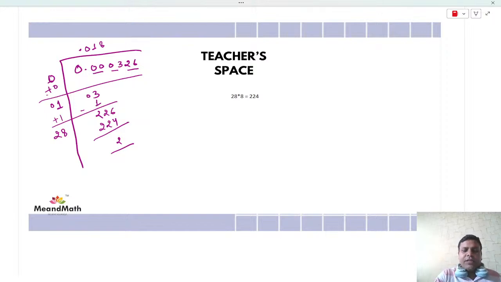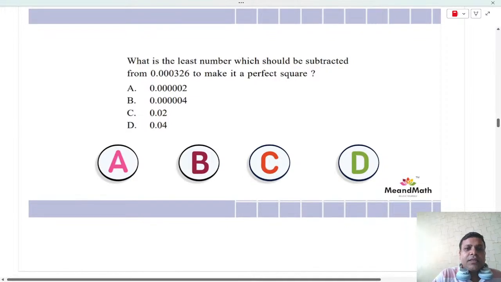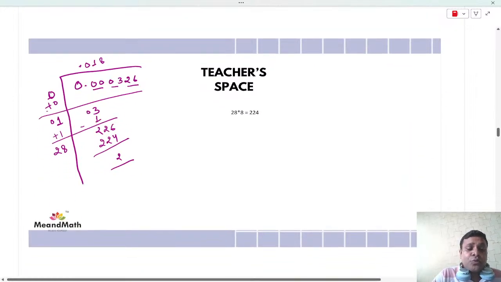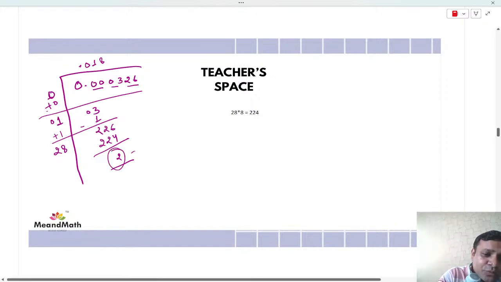Okay, now let's again do the question. Which number should be subtracted? Here 2 is extra. If the remainder is 0, then it should be a perfect square number. So this should be 0. So what we have to subtract is this number, but at this position.